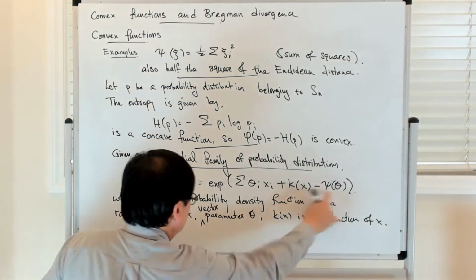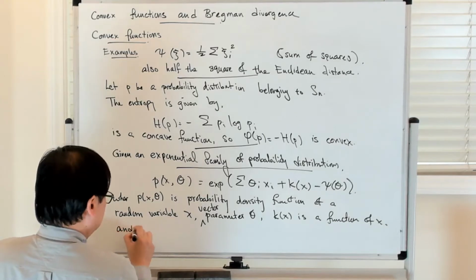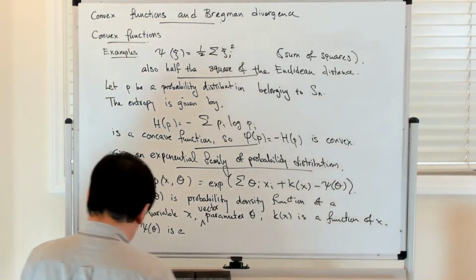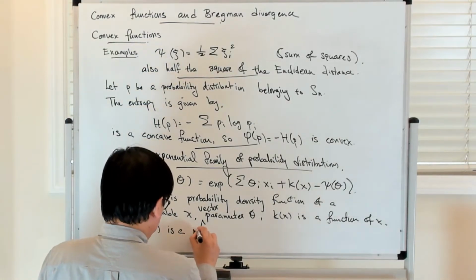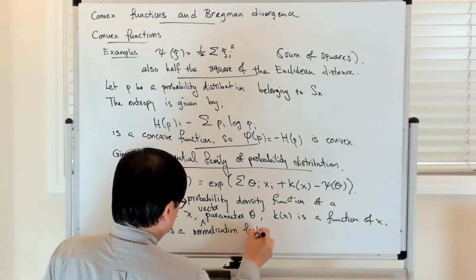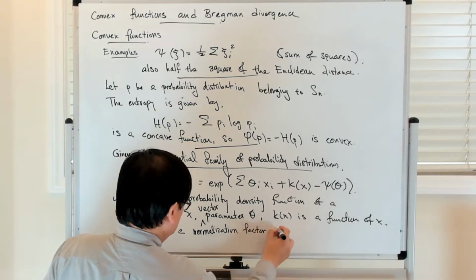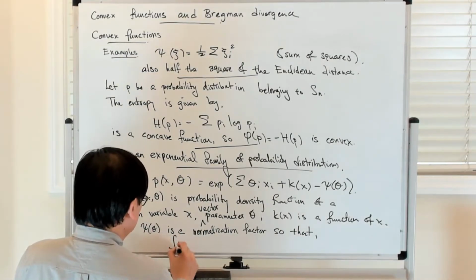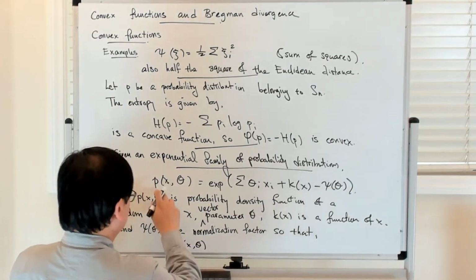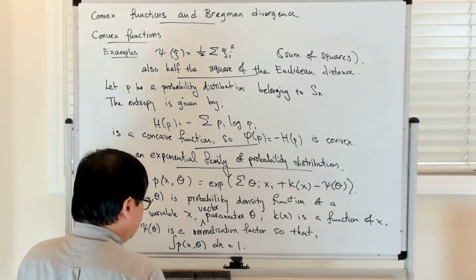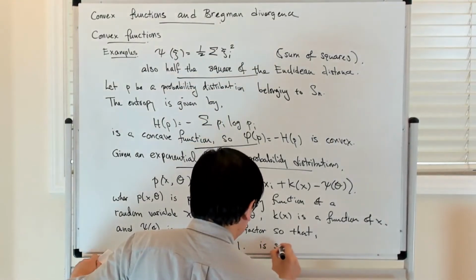And then this is a normalization factor, and it has the property that it's chosen so that the integral of this probability distribution over the entire domain is equal to 1.